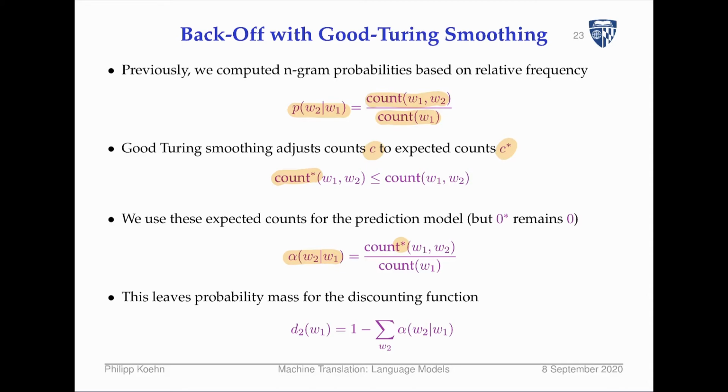If you sum this all up, it's going to be less than 1, so 1 minus something, some probability mass is going to be left over. And that gives us this discounting value specific to this particular history, W1.